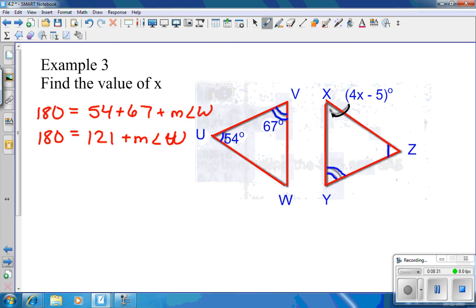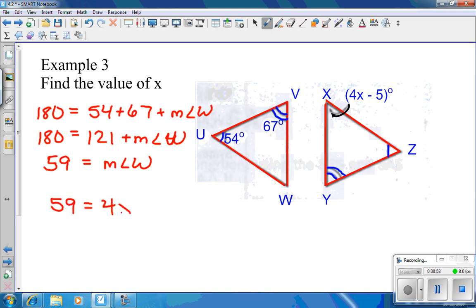And you subtract it. And you should get 59. Okay. 59 equals the measure of angle W. So now I have W. But W and X are the same, right? So that means that you set them equal to each other.